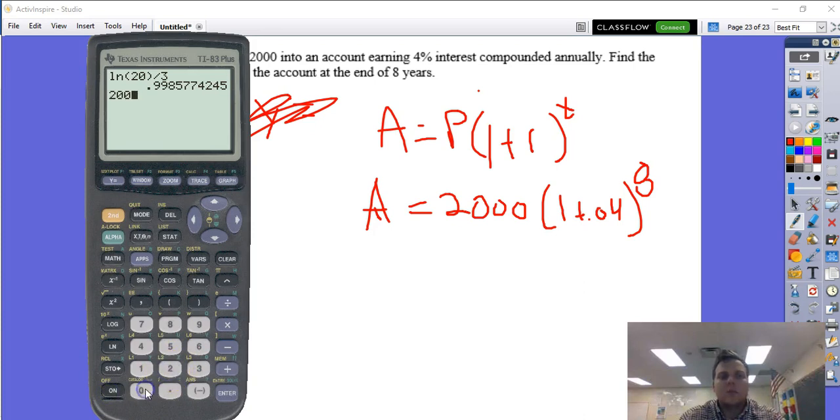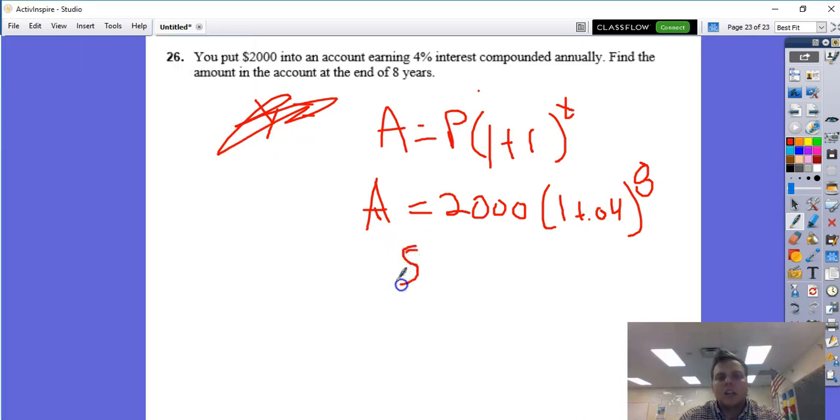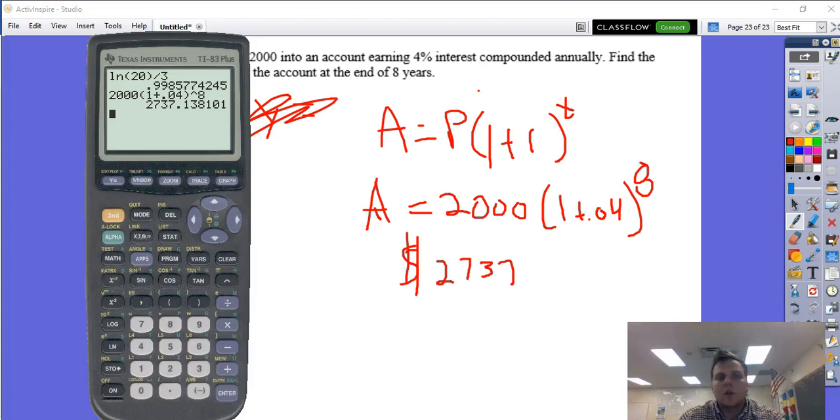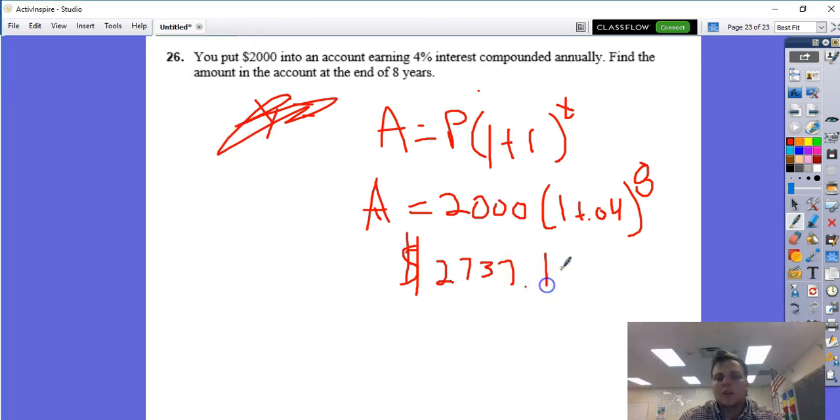So 2,000 times 1 plus 0.04 raised to the 8th. Press enter, and we get 2737.14. So we would have $2737.14. Bam, there you go. That's how much money you would have after 8 years if you put $2,000 in it and didn't touch it.